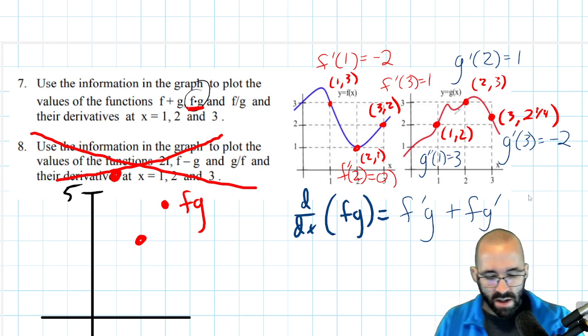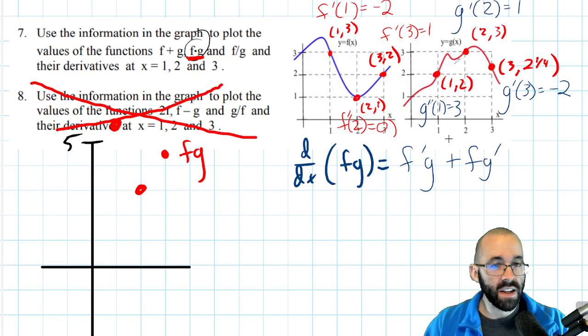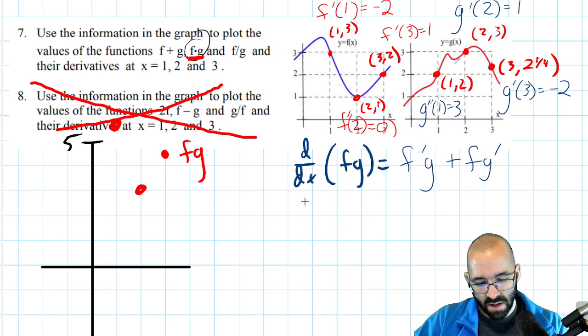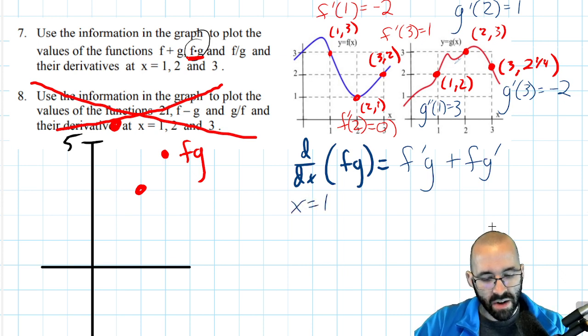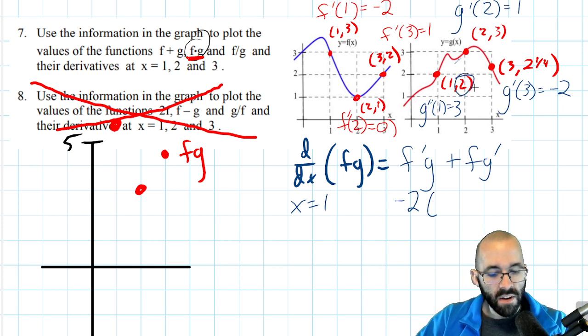Great. So we can find the derivative at each point. When x is equal to 1, what's our derivative? F prime of 1 is -2. G of 1, the function value of g, the original function, is 2.